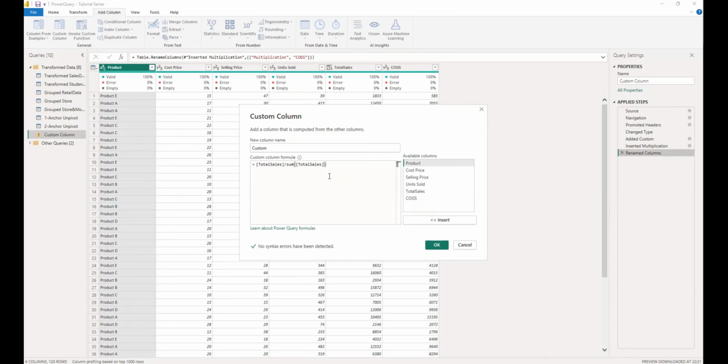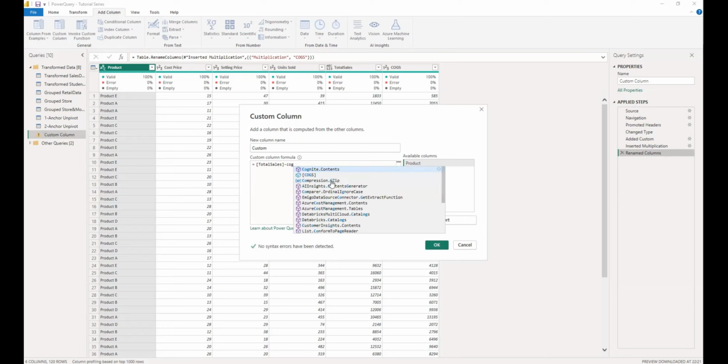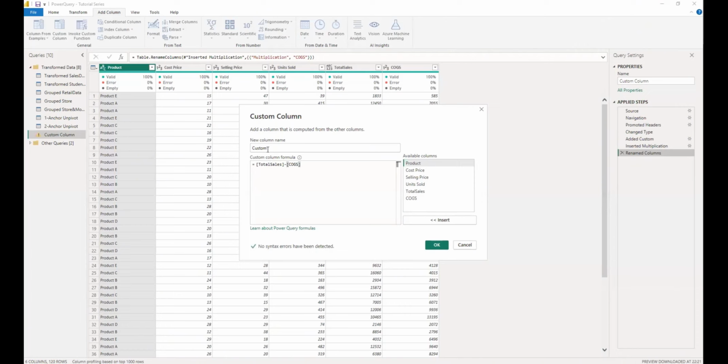Okay, that's fine. So another thing we can say, maybe things like profit margin, right? So if we have total sales and cost of goods sold, we can say total sales minus cost of goods sold. So let's see. Yeah. So I've shown you three ways now. This third one that I showed here is by typing.